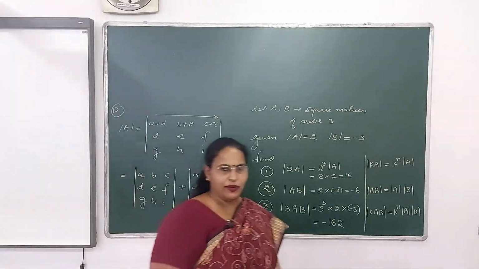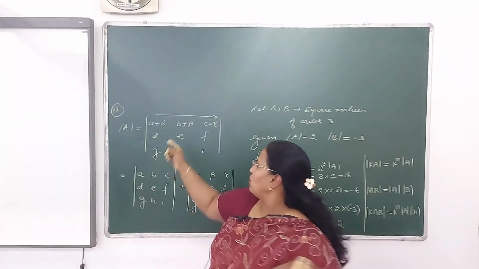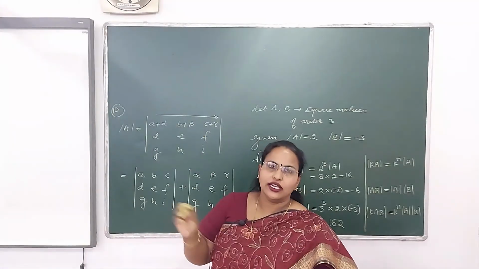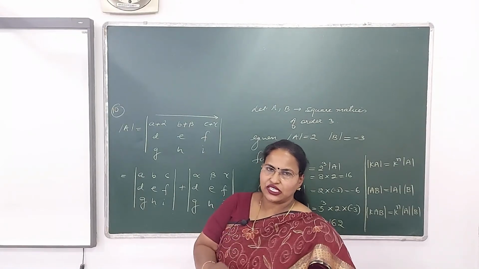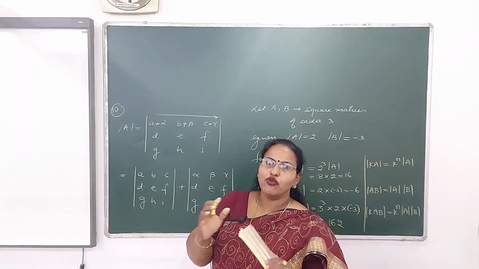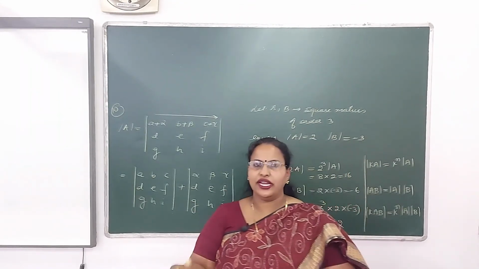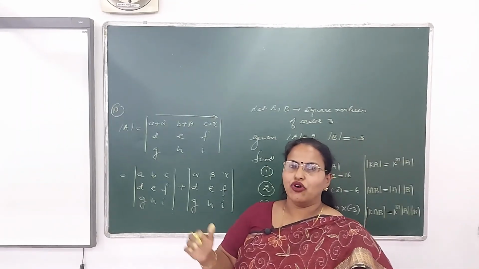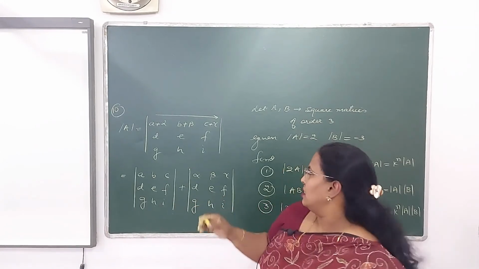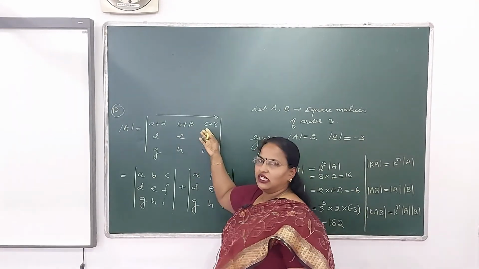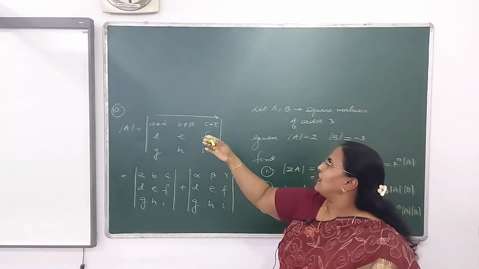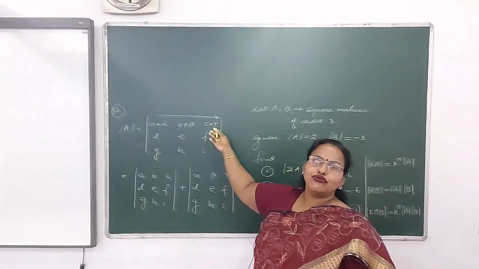Now let me repeat the property. In a determinant, if any row or column is expressed as a sum of two or more terms, then we can express the determinant as the sum of two or more determinants. So like here you see R1, the first row is expressed as the sum of two terms.